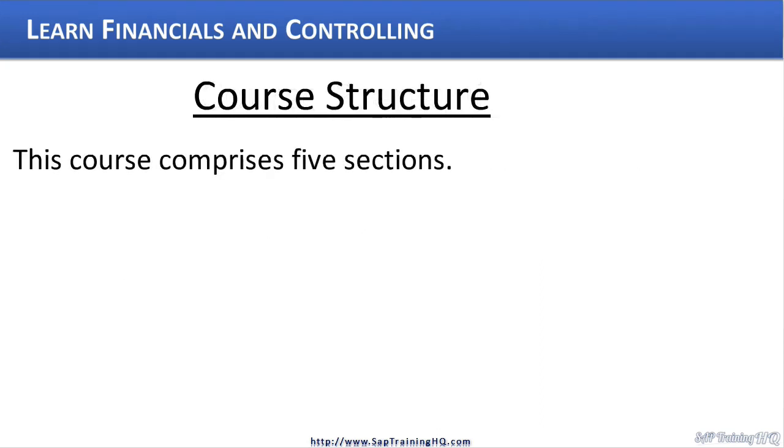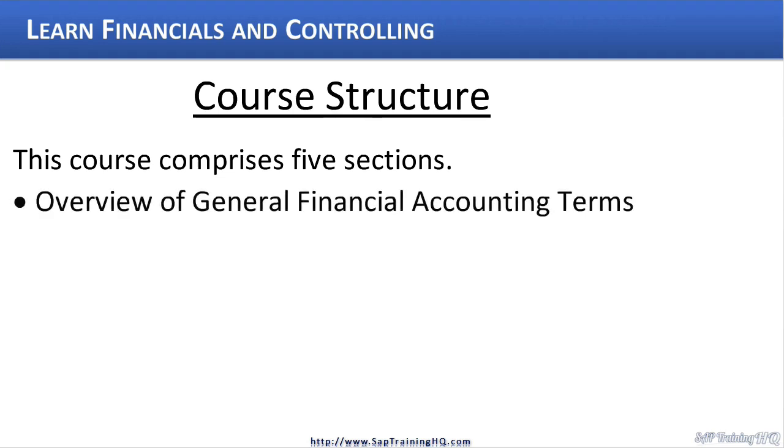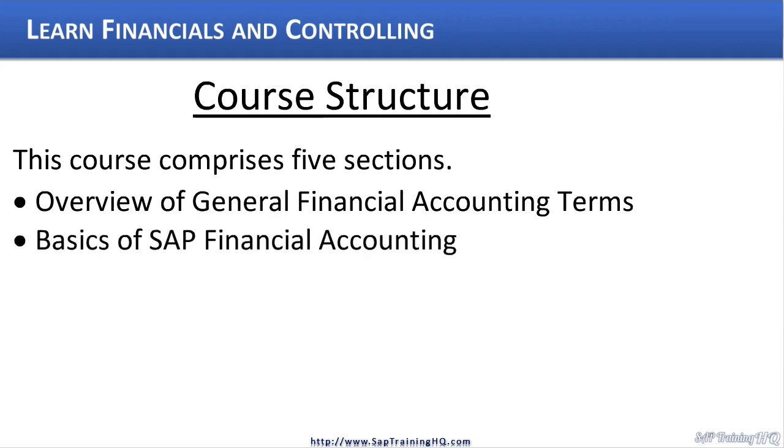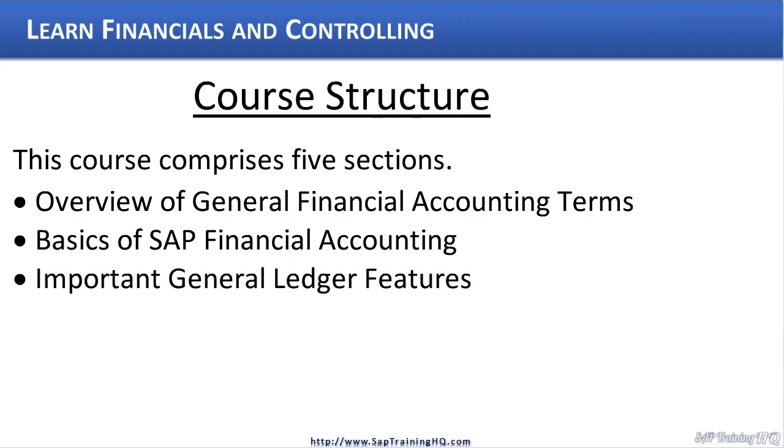This financial accounting overview course is divided into 5 major sections. Section 1 consists of 2 parts and gives an overview of the general financial accounting terms. Section 2 also consists of 2 parts, and you will get to understand the basics of SAP financial accounting. In Section 3, you will learn about the important general ledger features.